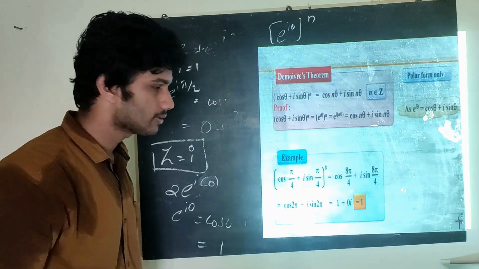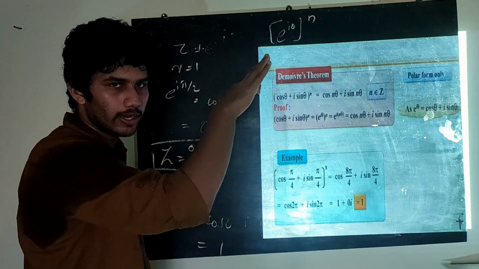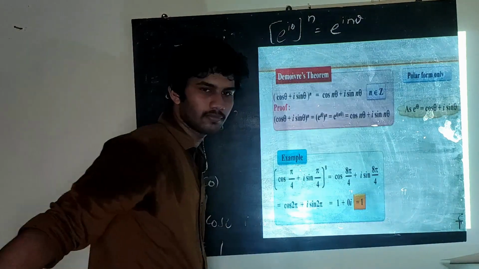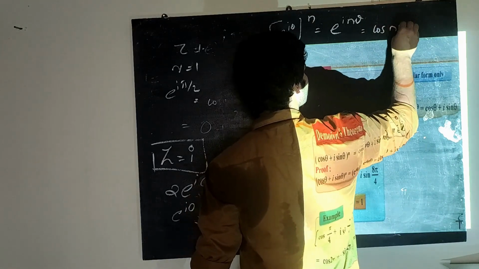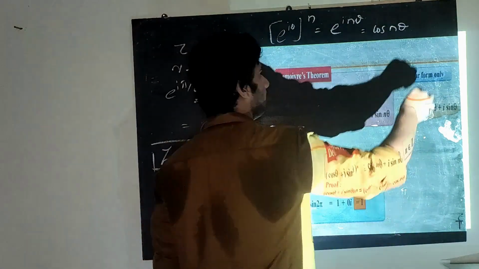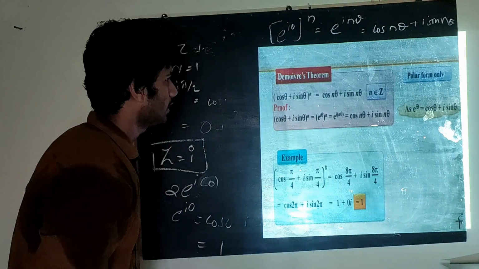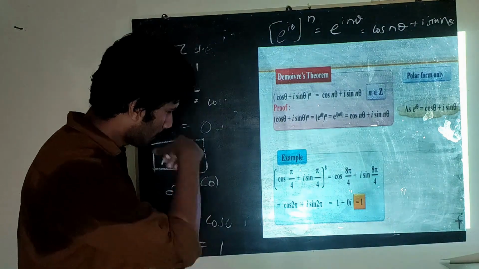Right? This is the beauty of Euler's form. So e raised to i theta raised to n, I can write this as e raised to i into n theta, which can then be represented as cos n theta plus i into sin n theta. So this is what de Moivre's theorem is. n gets multiplied with the theta. So this is the example.